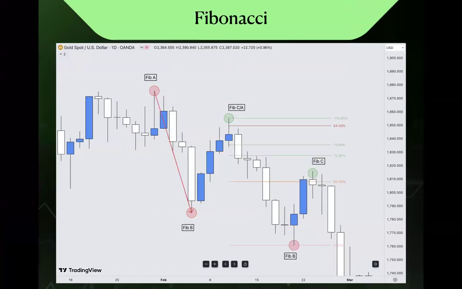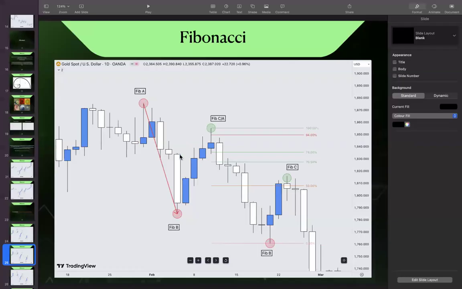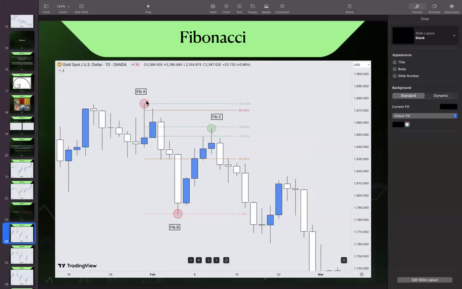Let's have a look. Over here, we had our Fib A to B, okay? And then we found our C. And as C was created, the new impulse, let me get my cursor out. Let me show you. So this was our initial one right here. This is the same one, okay?